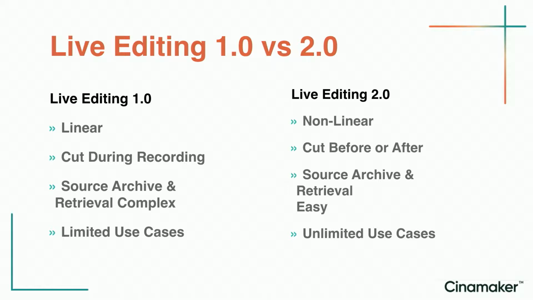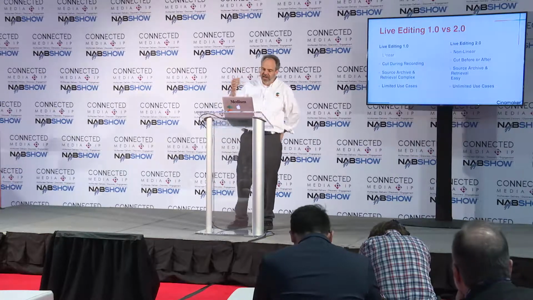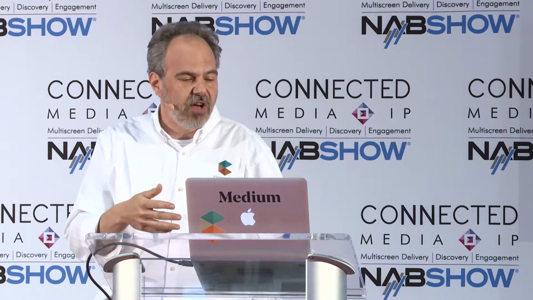It can be done in post, but with traditional tools, archiving, retrieving, setting things up aren't necessarily that easily done, versus digital, where it can be transparent and instant access. And then there are much more limited use cases to do a live cut versus when you have the interactivity of IP and digital. So live editing 2.0, non-linear.